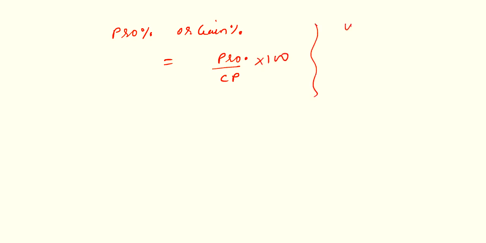Then how can we find profit percent? Profit or gain percent, both are same. So profit percent means profit upon CP into 100. On the same side, if we want to find loss percent, the formula is loss upon CP into 100.